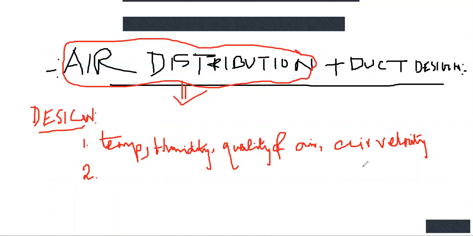Air velocity means flow of air within the confined space which is to be conditioned. It has to be designed properly. Okay, second part is air velocity has to be between 7 to 15 meter per second.